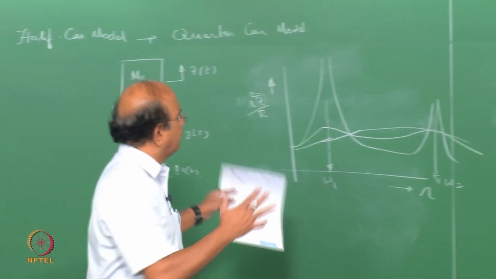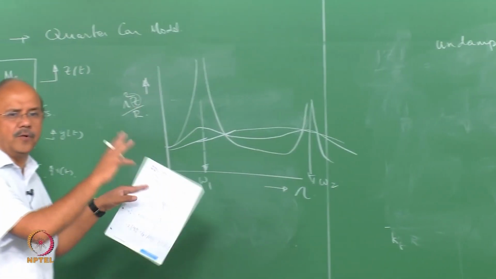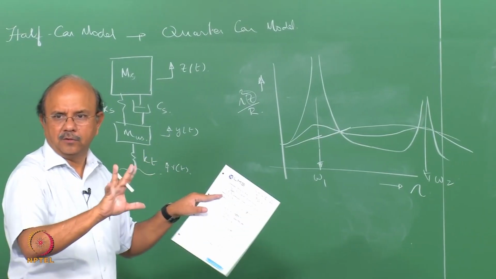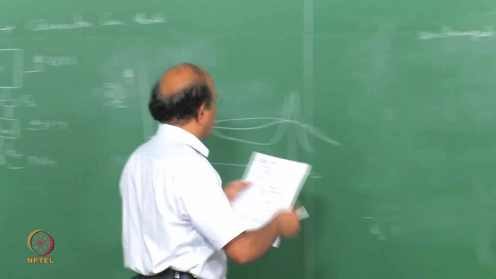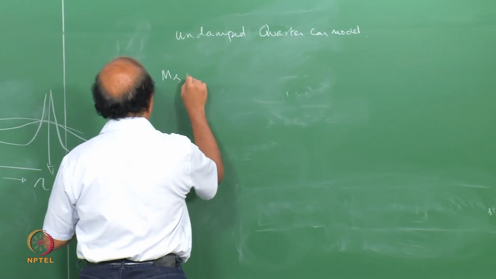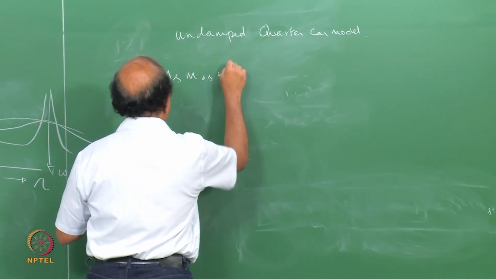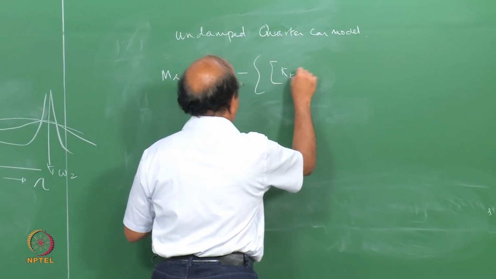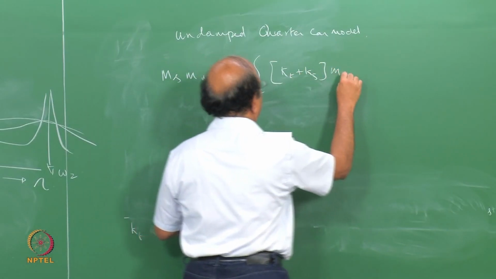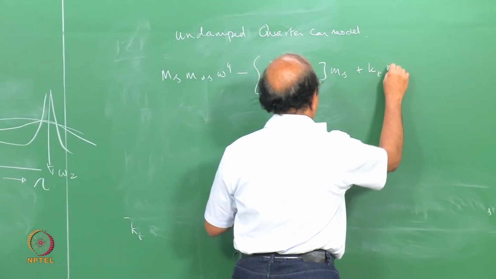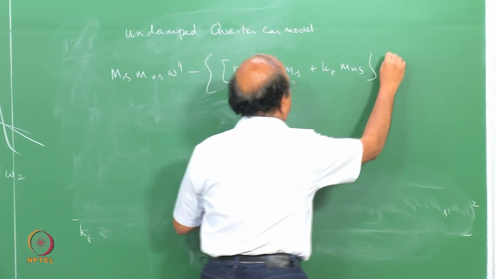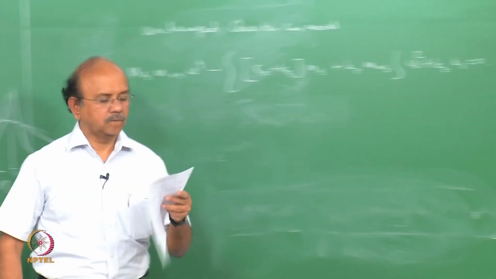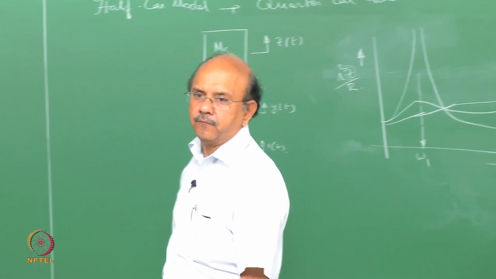Follow the same thing. You have the equation, remove C, get the determinant, expand the determinant. All those things are very straightforward. You can do that, and so you will get that ultimately. If you have any doubts, I will answer it, but I think that's a known thing. So that's the characteristic equation for the undamped system.